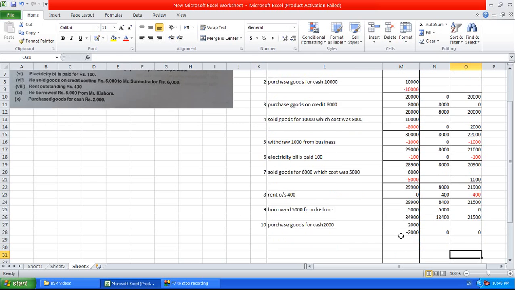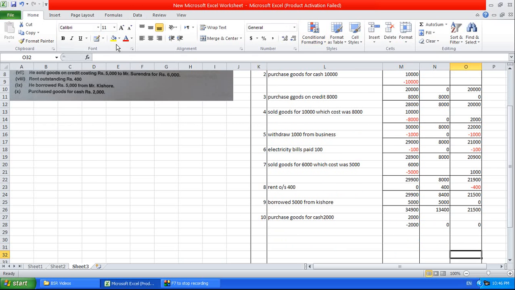So after passing this entry, what is the effect? The effect will be like this. After passing the entry, the accounting equation is 34,900 only. Here we can find 13,400 only. Here 24,500 only.